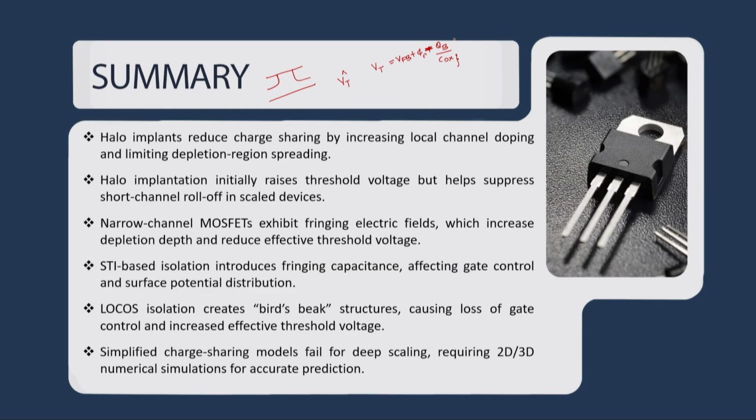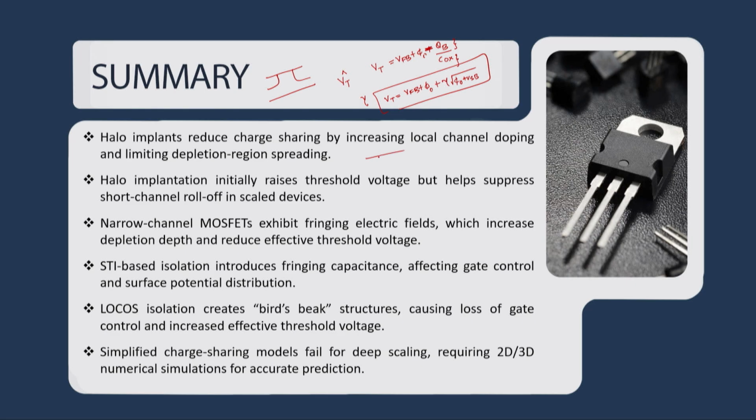and this COX or QB will be changed. Accordingly, we need to find out how the gamma is changing, and accordingly the threshold voltage given by V flat band voltage plus phi naught plus gamma times square root of phi naught plus VSB changes. We also discussed that one of the possible solutions to reduce the charge sharing effect is halo implants.